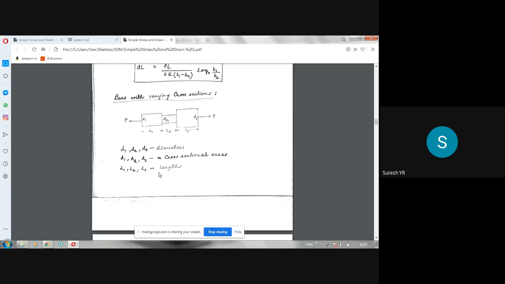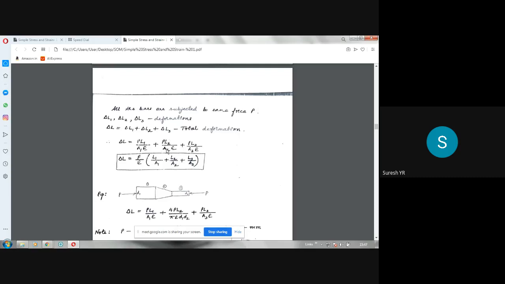Similarly, for the second portion, force P is the same, area becomes A2 and length becomes L2, so it becomes PL2 by A2 into E. Plus, for the third portion, it is PL3 by A3 into E.